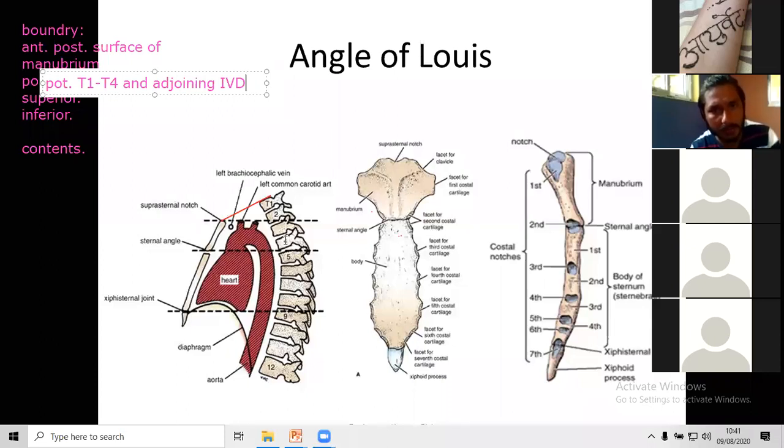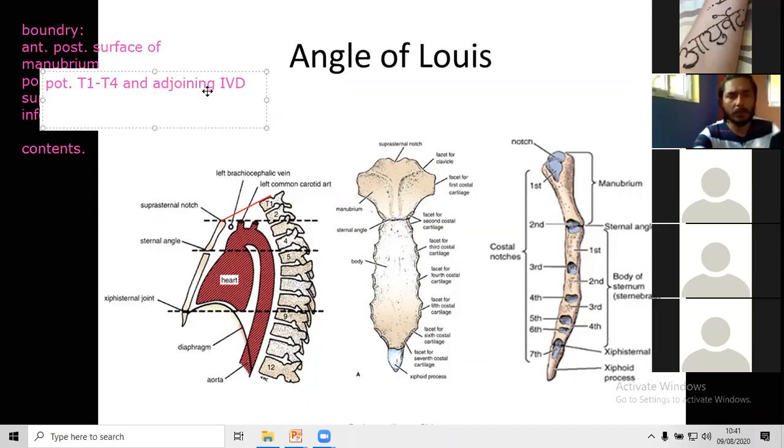So this forms the posterior boundary of the superior mediastinum, including the intervertebral discs. Now we'll go for the superior boundary.